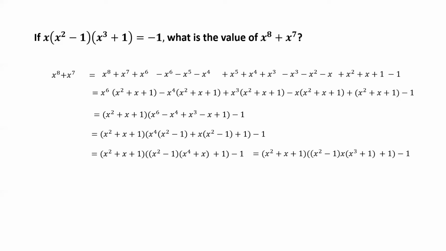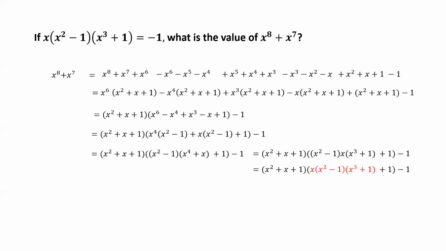And this can be further written as x squared plus x plus 1 multiplied by, within parentheses, x squared minus 1 multiplied by x. So we are taking x common from x to the power 4 plus x, right? And so within the parentheses, we have x cubed plus 1 once we take x common.